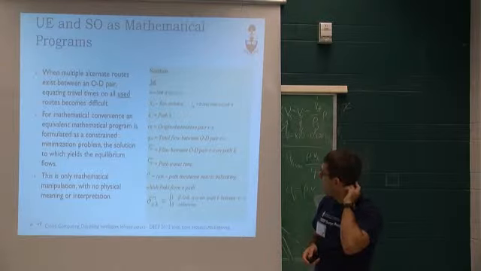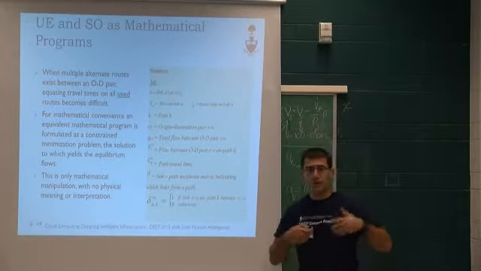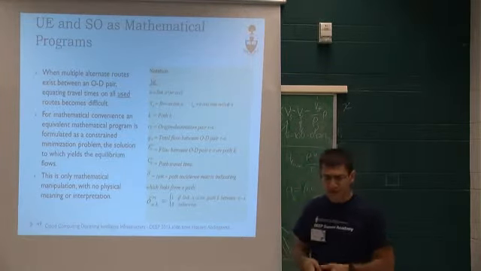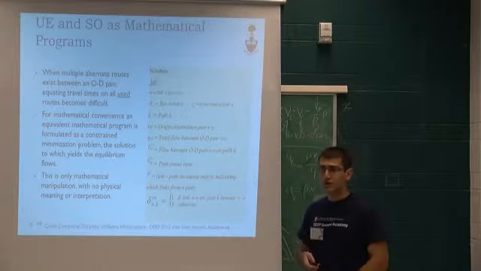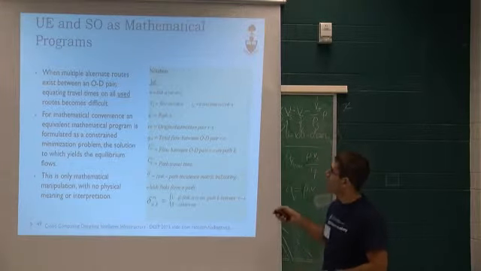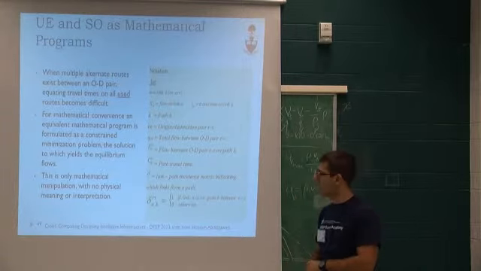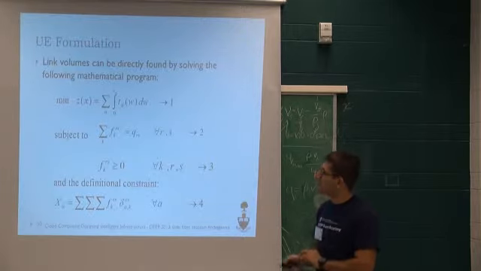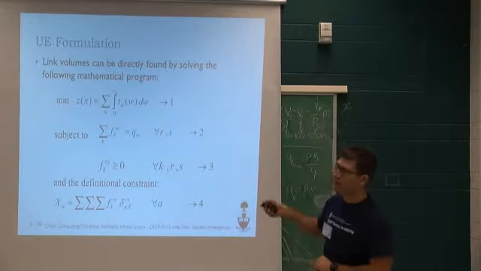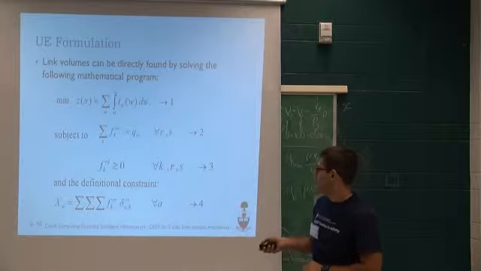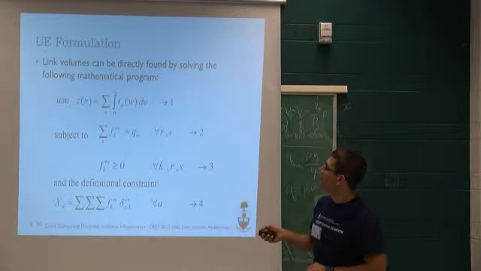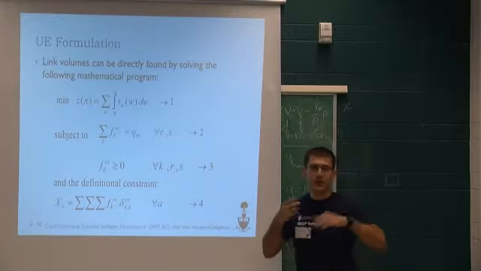Now, in programming computers to solve these problems, this is how you represent them. It looks a bit difficult, but it's actually not. It's just systematic. And this is an optimization problem. So for user equilibrium, you're trying to equate the two travel times.